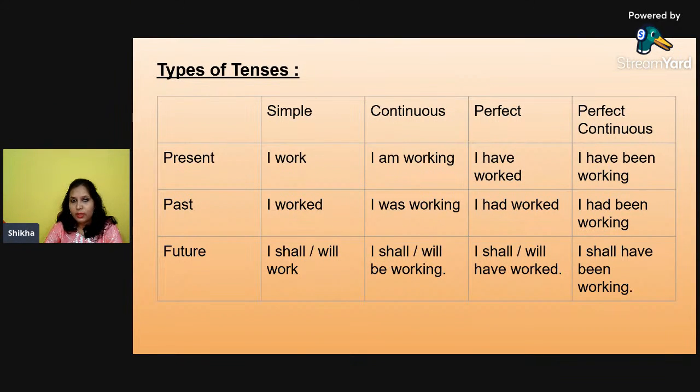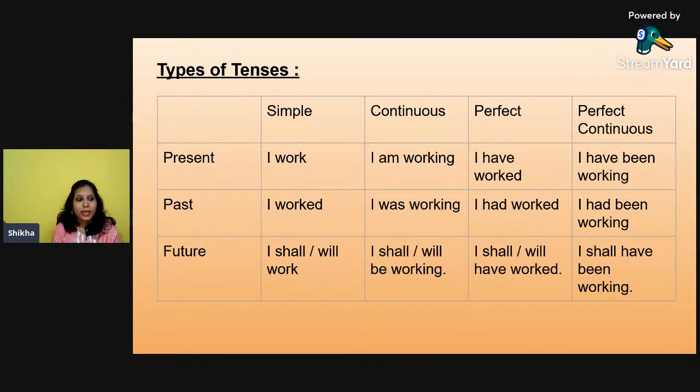Now these tenses can be categorized into four more categories. Present can be simple present, present continuous, present perfect, and present perfect continuous.